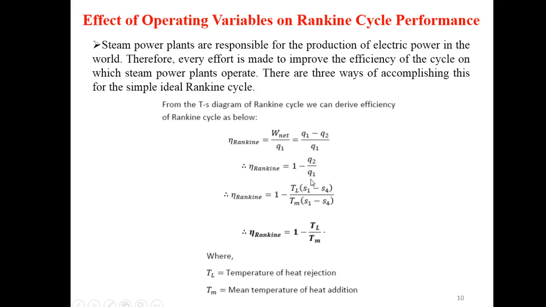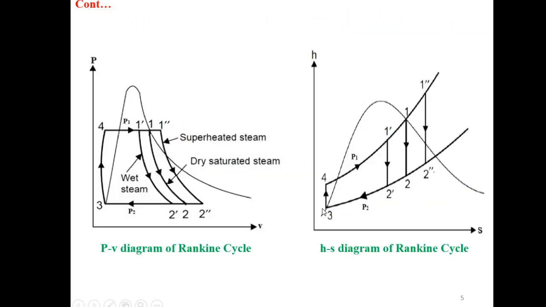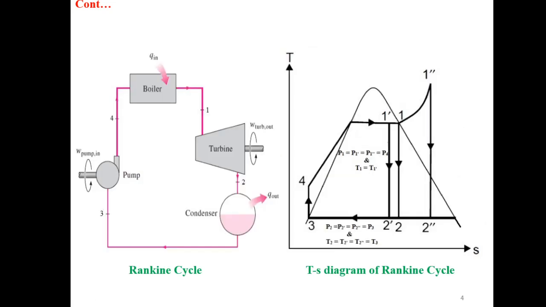And for the heat supplied, there is a formula: average or mean temperature of heat addition times S1 minus S4, because you can see in the TS diagram this temperature is varying, that is from 4, 1 dash, 1 and 1 double dash. So this temperature is varying, so we have to take the mean temperature.